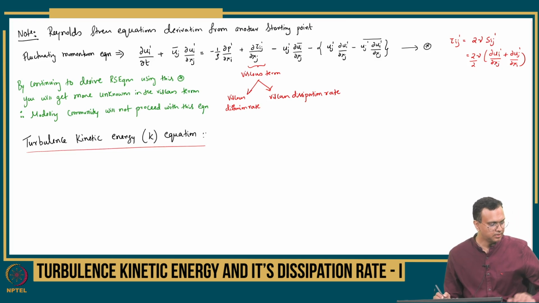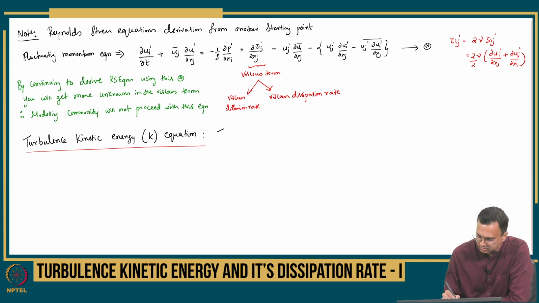If you look at the definition of this k, it is also sometimes referred to in the literature as turbulence kinetic energy, TKE, or k, which is defined as half of ui prime ui prime, over bar.